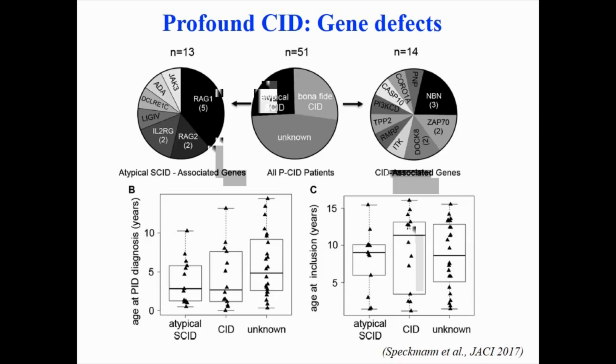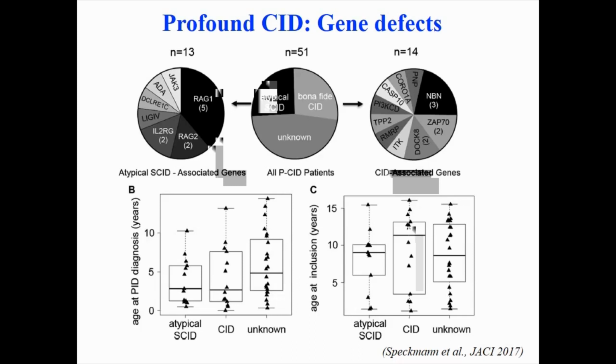If you look at age at diagnosis, and now you divide the atypical SCID, the real CID, and the unknown, so CID with unknown gene defect, you will see that there is not much of a difference in terms of the age at onset, the diagnosis of primary immunodeficiency, nor a difference in the age of inclusion in this study, which means that even if you have different gene defects, they may present in a very similar manner.